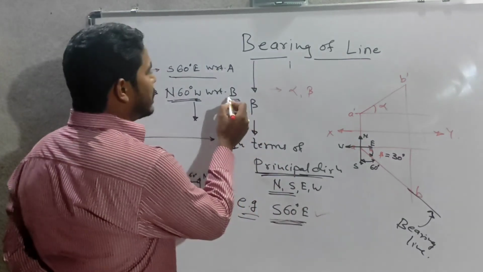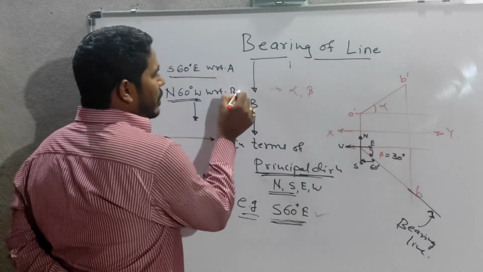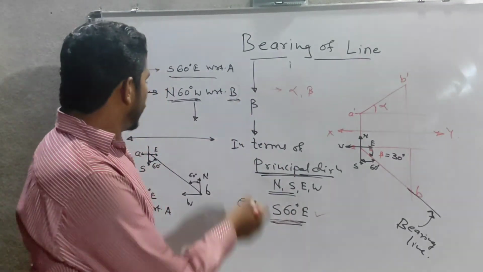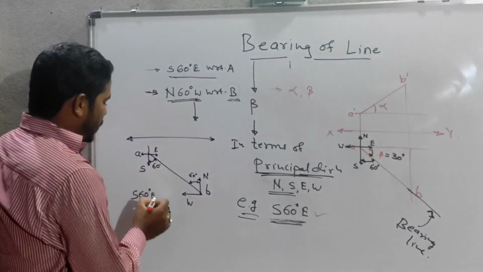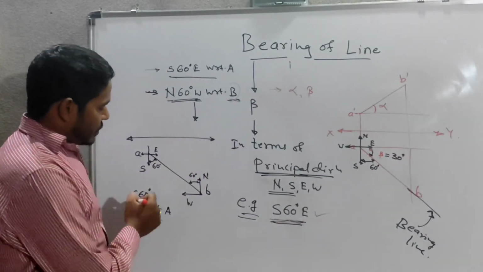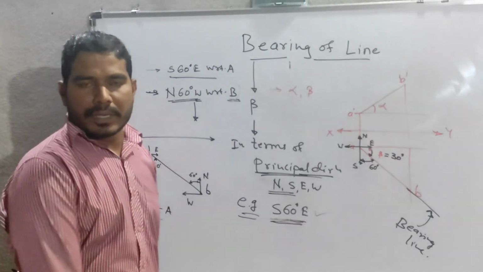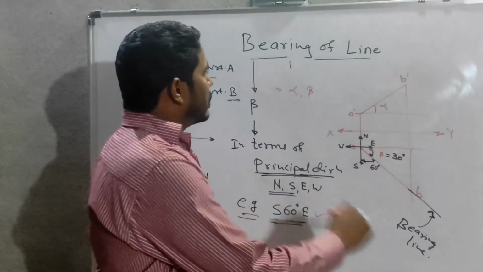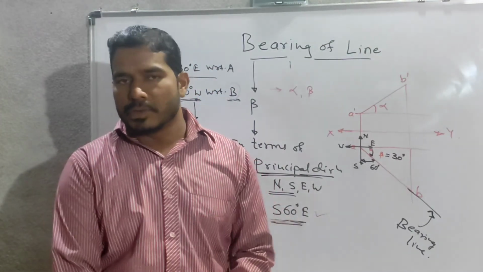In such cases, if they have not given the position of the point B, then at that time we need to convert this bearing with respect to the point A, as we have converted here. So this is all about the bearing of the line.